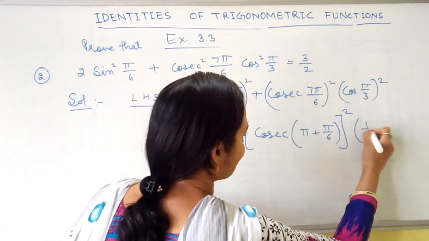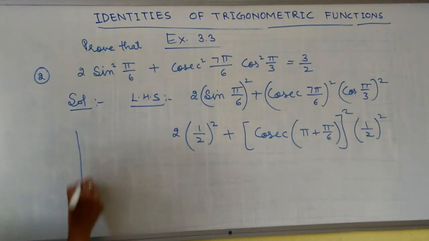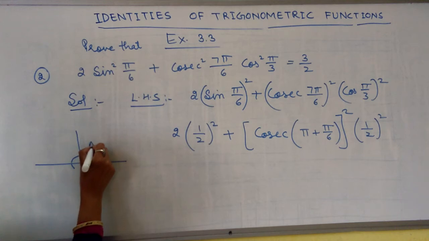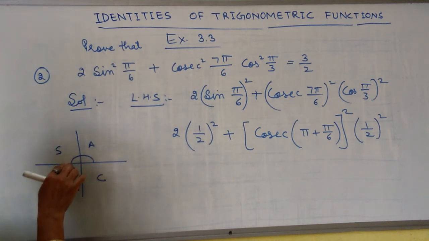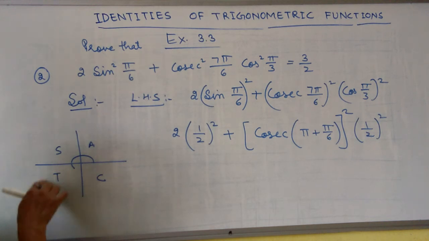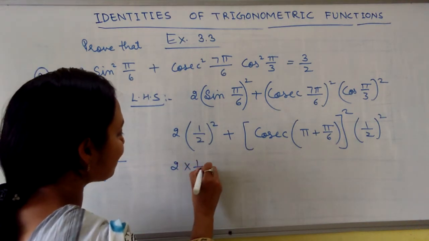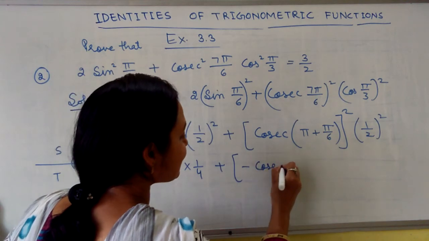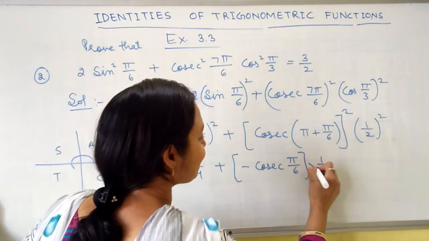This is 180 plus theta, the complete angle 180 plus theta, which means it comes in the third quadrant. It is the quadrant for tan, so we have a negative value for cosecant. 2 into 1 by 4 plus negative cosecant pi by 6 whole square.